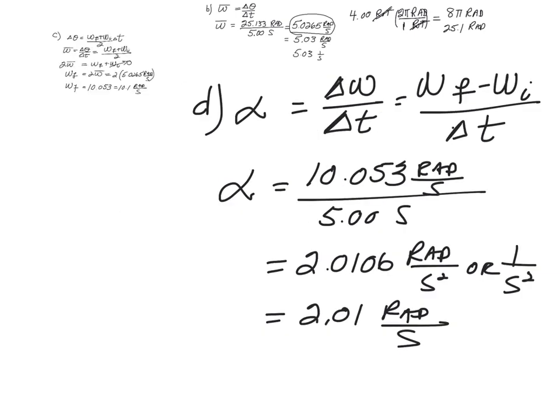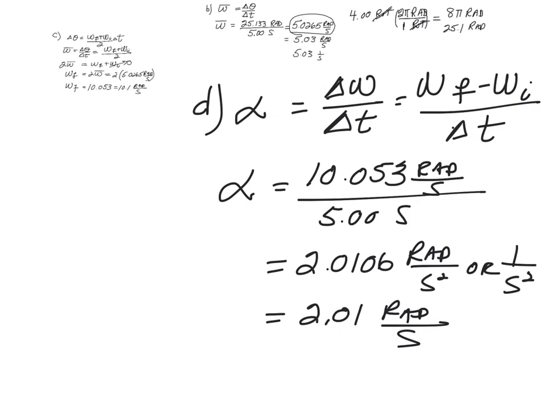Okay, so since we just got omega final, we might as well use this equation. I think it's group 1, number 4, or it's the rearrangement of group 2, number 1. Acceleration is simply the change in velocity over the change in time. And yes, that's average, but since it's constant, we can use it.